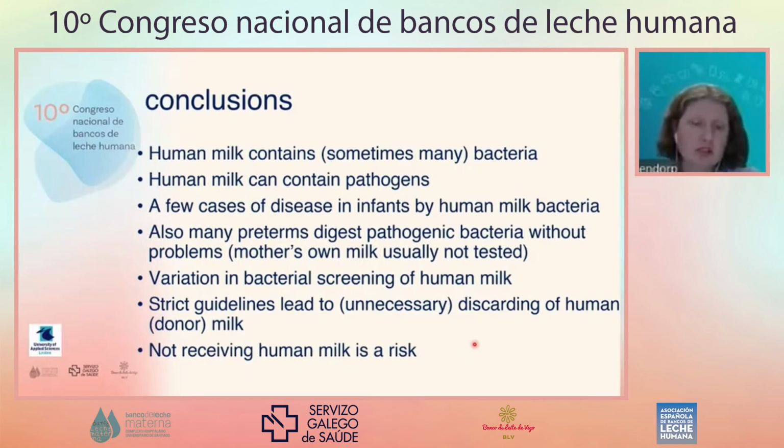And I think it's also the case that strict guidelines may lead to unnecessary discarding of human donor milk. The Dutch human milk bank has to discard about 10% of their donated milk. And we also know, of course, that if an infant is not receiving human milk, and especially preterm infants, that is also a risk for necrotizing enterocolitis, NEC.